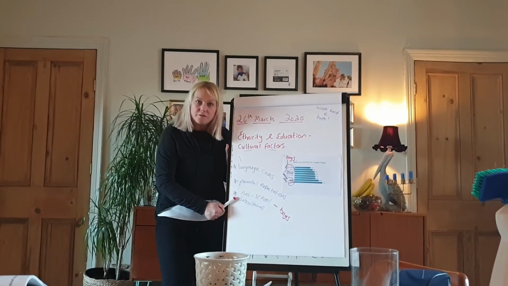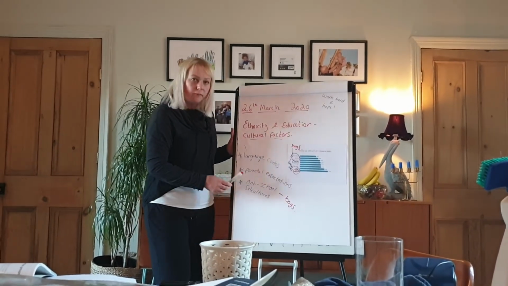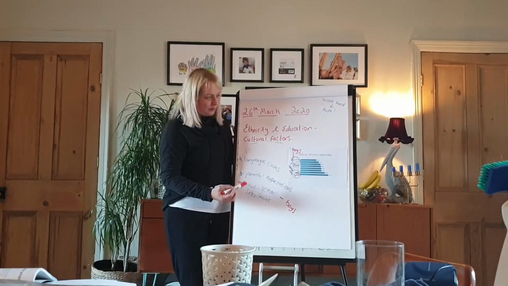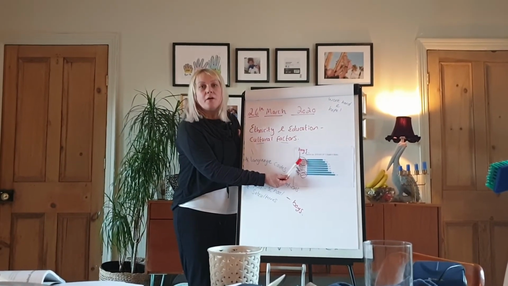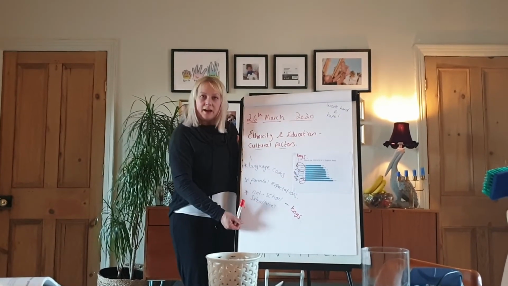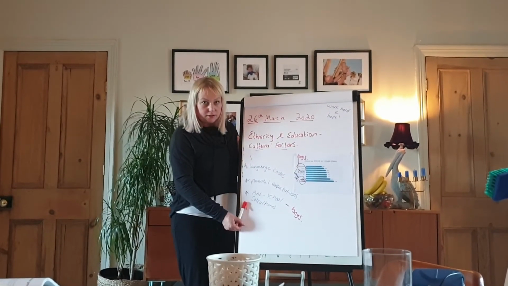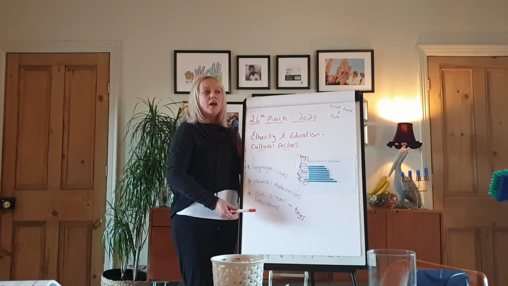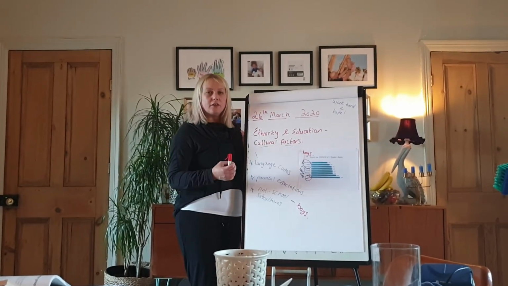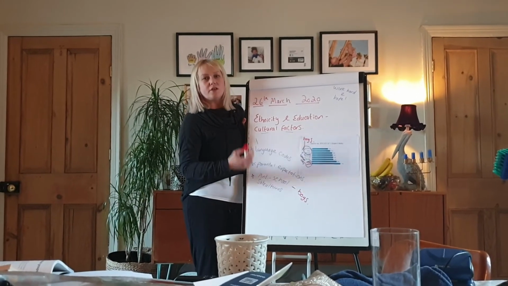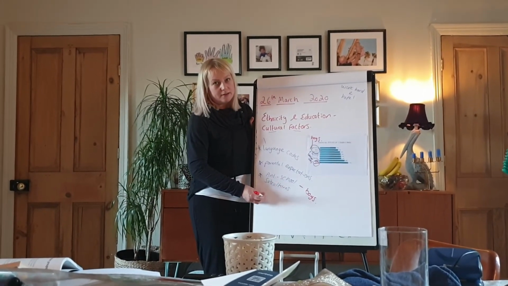The third and final cultural factor, some ethnic groups, e.g. Black Caribbean boys, are more likely to belong to anti-school subcultures, where peer group pressure means succeeding at school isn't valued and they look for maybe status and respect in other ways.